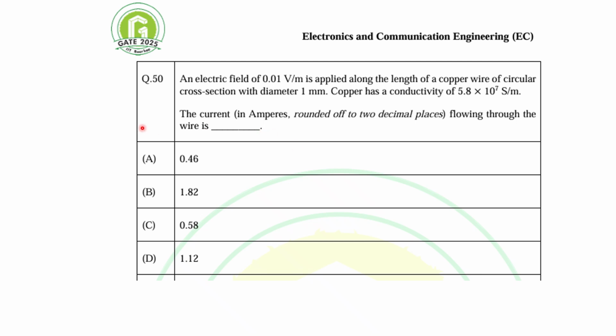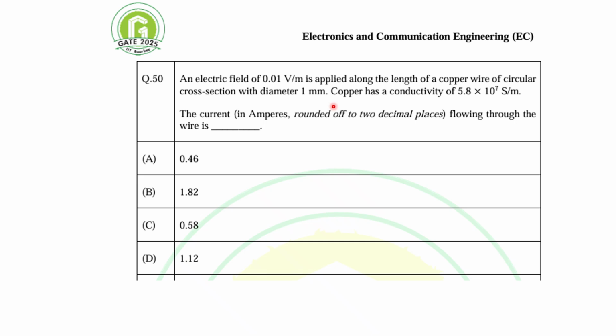So another question is, an electric field of 0.01 volt per meter is applied along the length of a copper wire of circular cross section with diameter 1 mm, right? Here, some electric field has been applied across a copper wire having diameter 1 mm. In the previous question, we found the diffusion constant due to the concentration gradient.